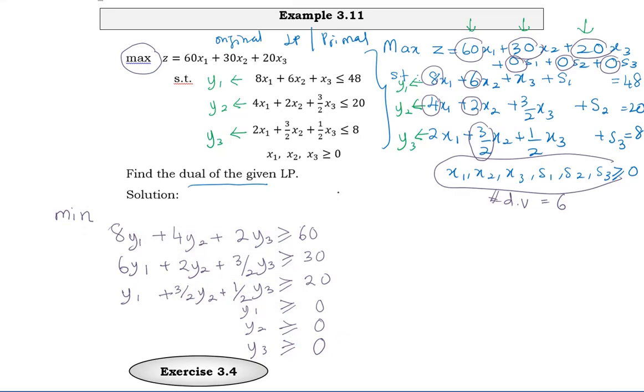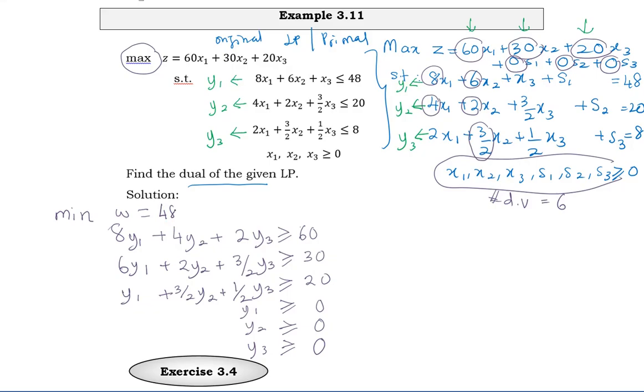Okay, for the objective function of the dual, because this primal is maximization, therefore the dual will be minimization. W equals, the coefficient of the first variable will come from the right hand side.